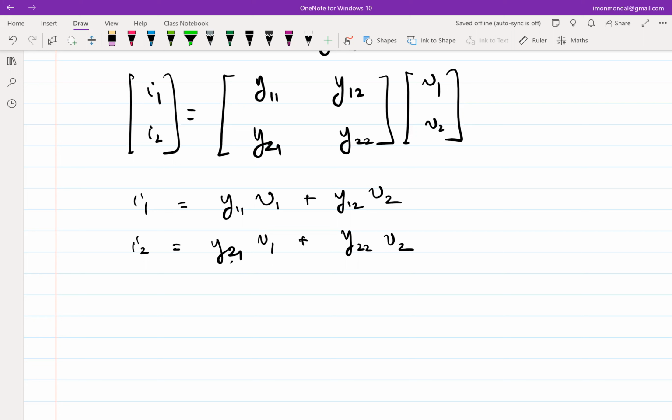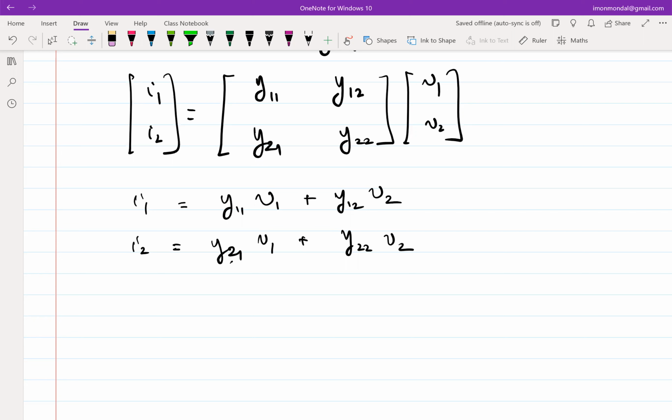So essentially, to recap, you can establish a linear relationship between the incremental voltages that you have applied at the ports and the incremental currents that you are observing, and the matrix that correlates that relationship is called the incremental Y parameter matrix.